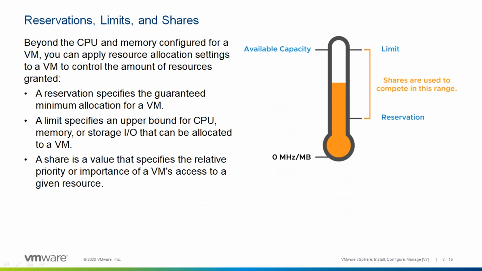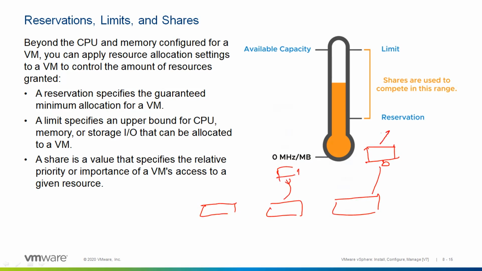So take an example. These are my running ESXi hosts, and on top of this host a number of virtual machines are running. I'll take one example, considering any of the virtual machines. For this example, I have given 8 GB of RAM and probably 4 vCPU with clock speed 2.3 gigahertz.